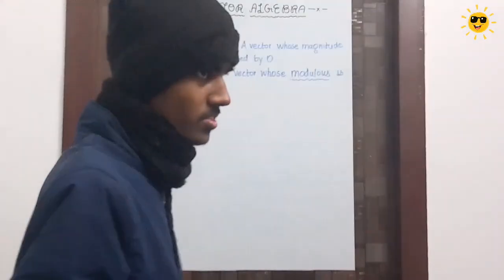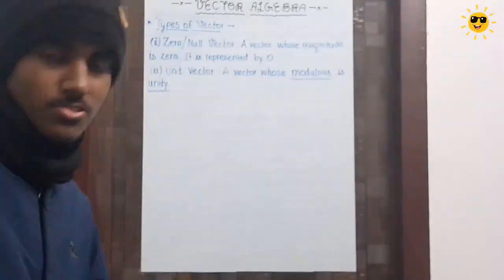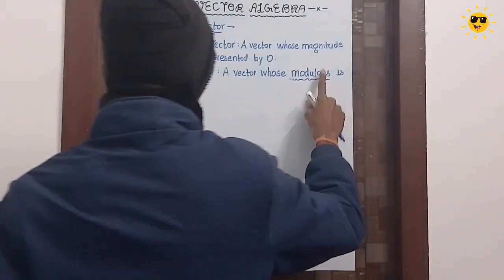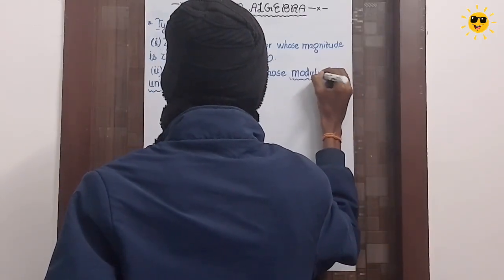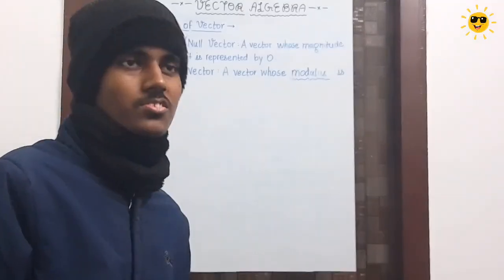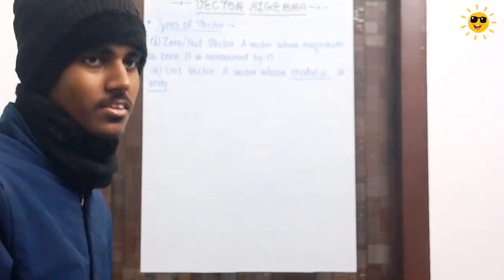These two words are not very common English words that we use in our common life. Modulus. So modulus is simply magnitude and unity is 1.